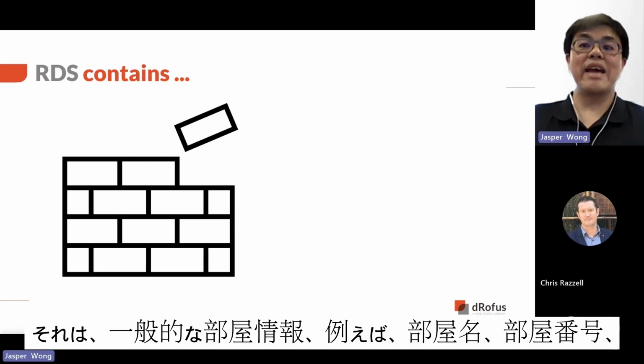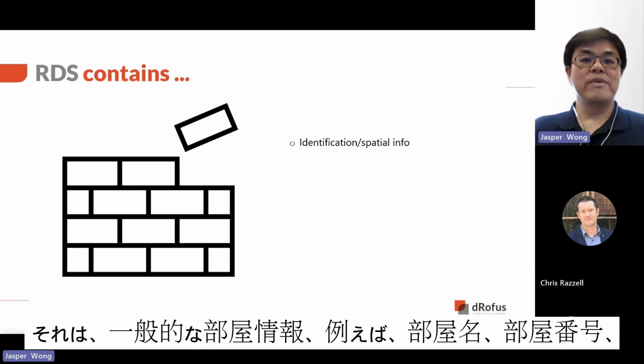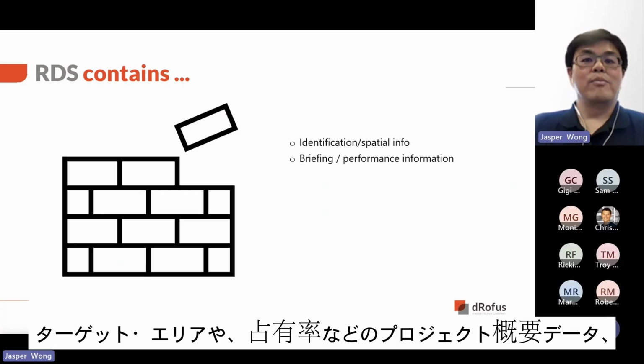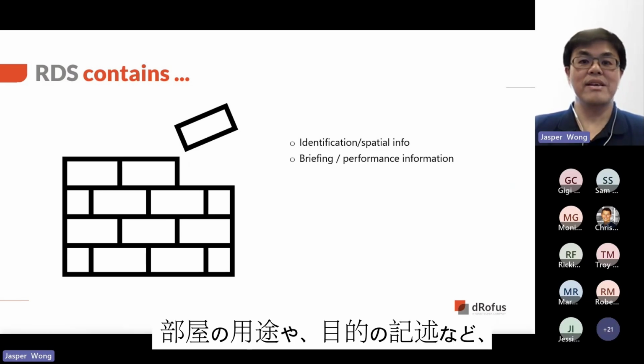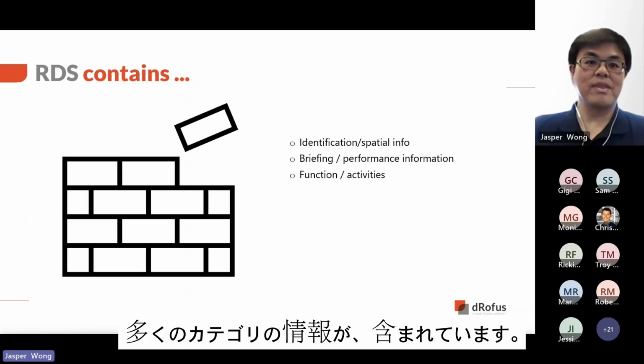It contains many categories of information. General room information such as a room name, room number to locate where it is on a project. Briefing data such as a target area and occupancy, and describing the purpose and usage of the room.